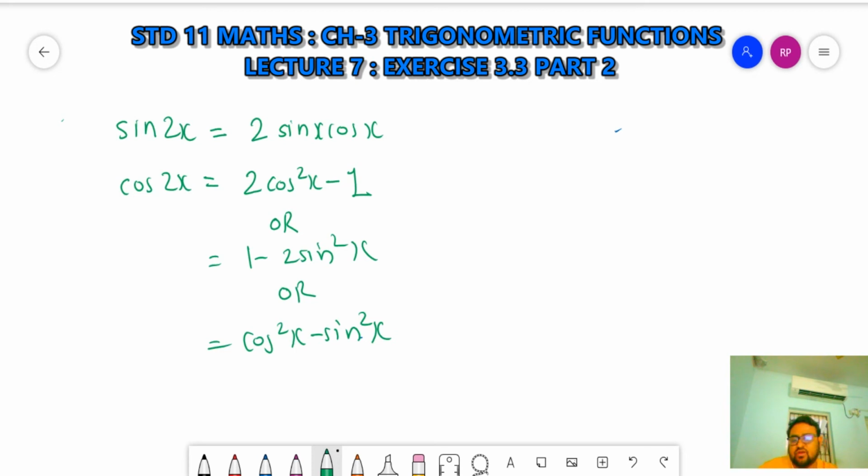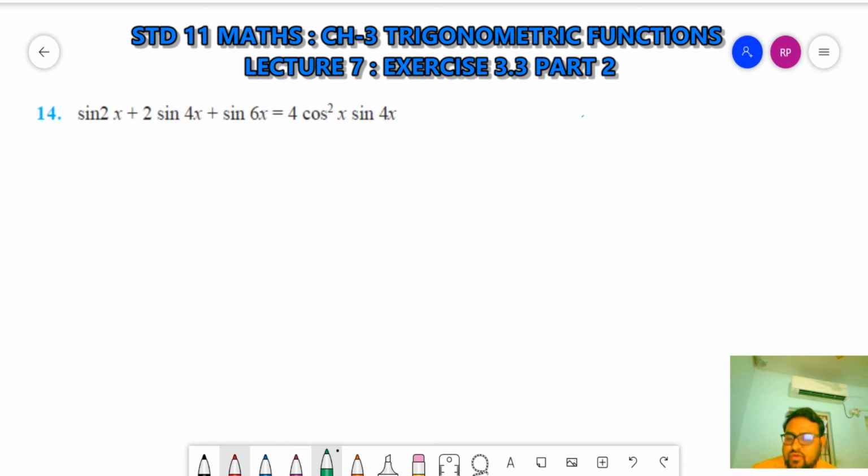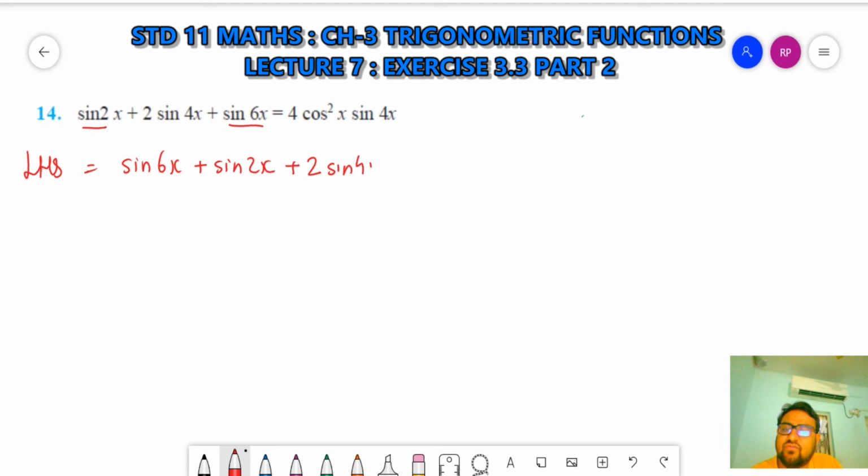Okay, now let's move to question number 14. Here we will take LHS. We will rearrange it: sine 2x, 2 sine 4x and sine 6x. We are having the formula of s plus s. So what I am doing, I am writing sine 6x plus sine 2x plus 2 sine 4x. Okay, so now see here, s plus s, 2sc.